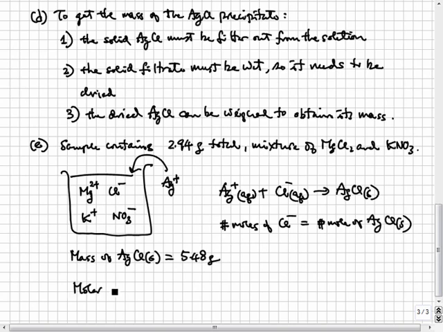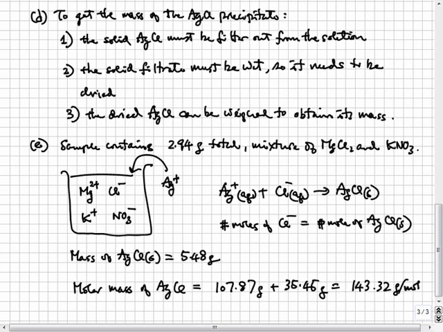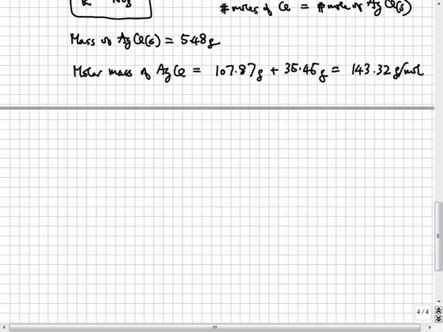We need the molar mass of AgCl. The number of moles of AgCl is 0.0382 mole, and this is equal to the number of moles of Cl- ions.